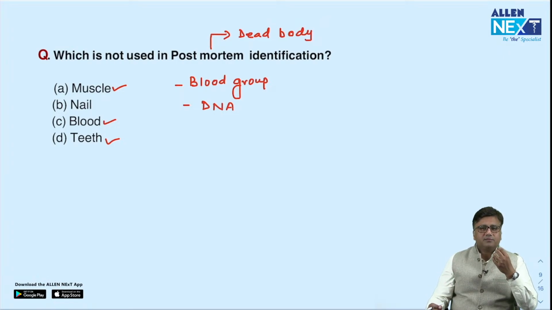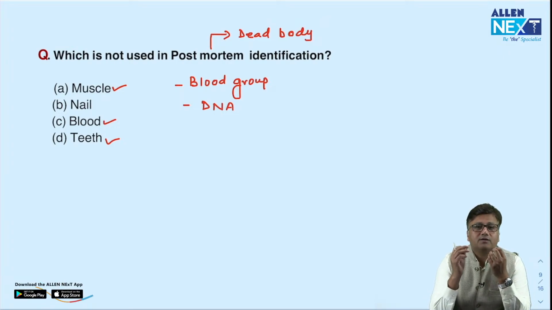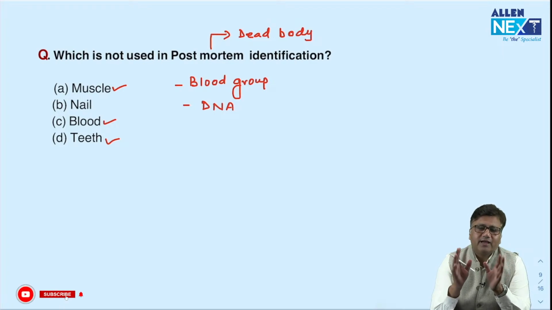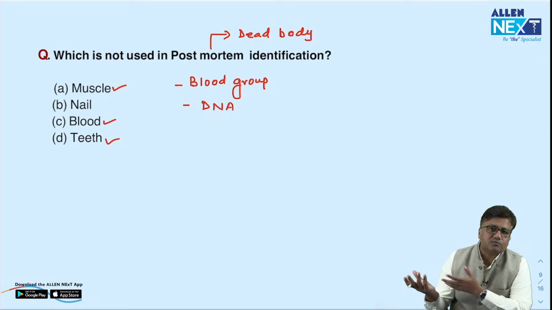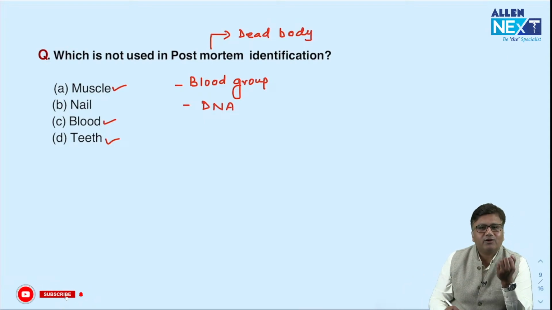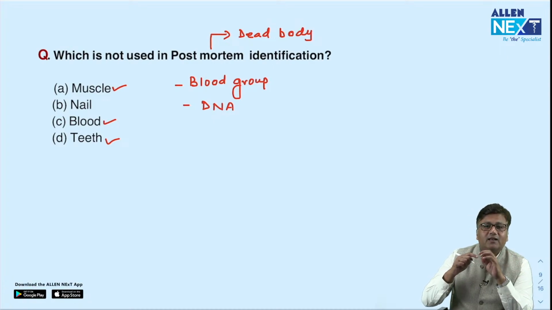One is the wear and tear of the teeth, or maybe the morphology of the teeth can help identify a person, but then we need to have any ante-mortem identifying picture to compare with. And second, the pulp of the teeth, which contains the root, helps in identification of teeth via DNA sequencing also. So what is left here which cannot help in identifying a person is nail.